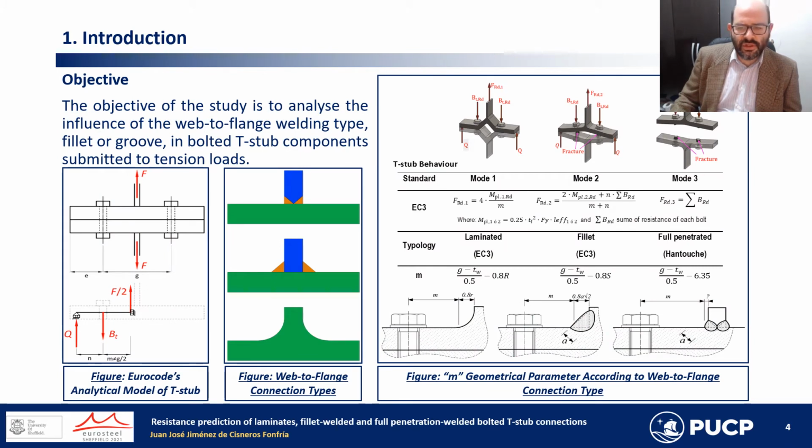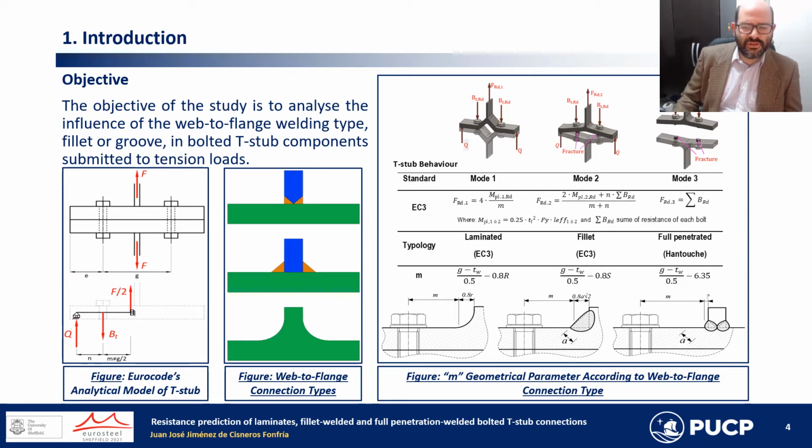The Eurocode analytical model is obtained by the application of the kinematic method, considering an equivalent rectangular cross-section with a possible collapse pattern and obtaining the ultimate loads by the application of the virtual work principle.